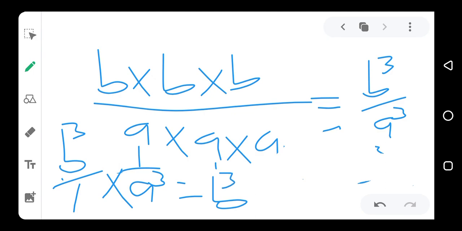Then 1 over a raised to power 3. If we want to remove 1 over, we change the power to negative, which is now a raised to power minus 3. So this is the answer.